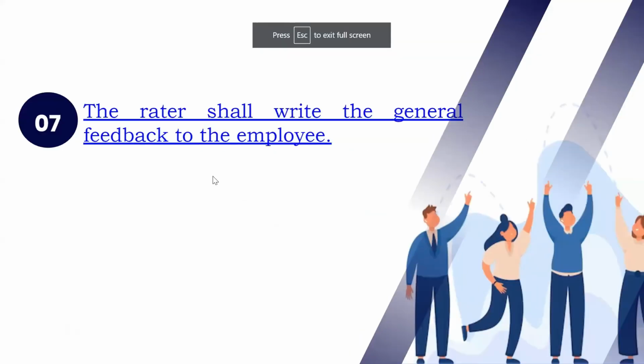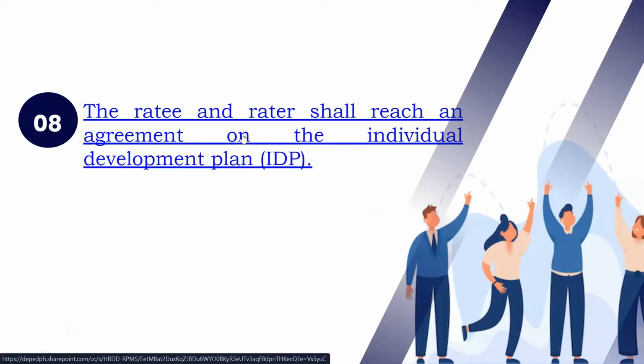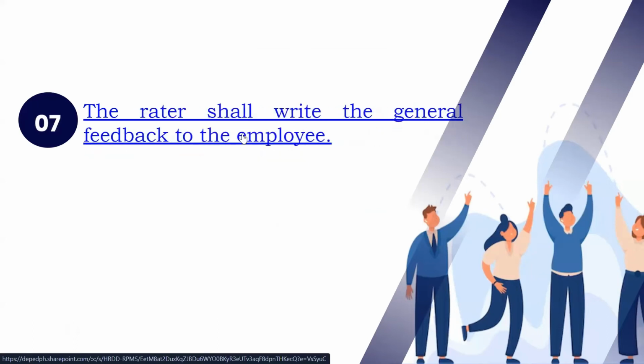The seventh step, the rater shall write the general feedback to the employee. What is feedback? Feedback refers to the constructive suggestions to the employee by their reporting supervisors and colleagues.